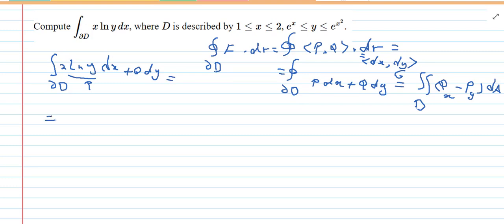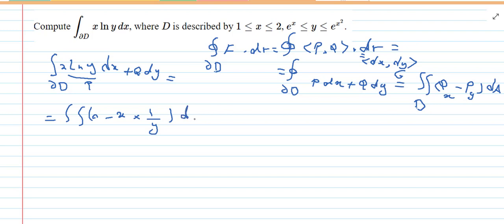According to the Green Theorem, this is equal to the double integral over region D, where the derivative of Q over x is 0, minus the derivative of P over y, which is x times the derivative of ln y, which is the derivative of y over y. So it is 1 over y. So it is Qx minus Py times dA.